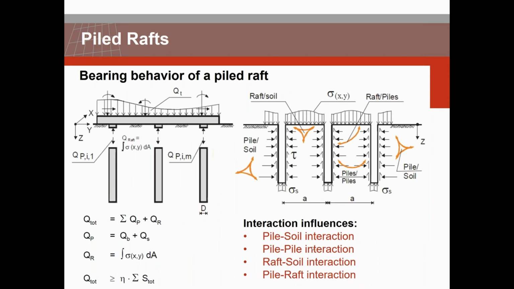If we take a closer look at the bearing behavior of pile raft, on the left side you have a sketch where the raft is disconnected from the pile for some more clarity.